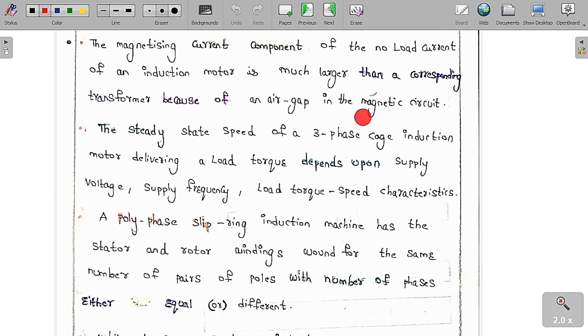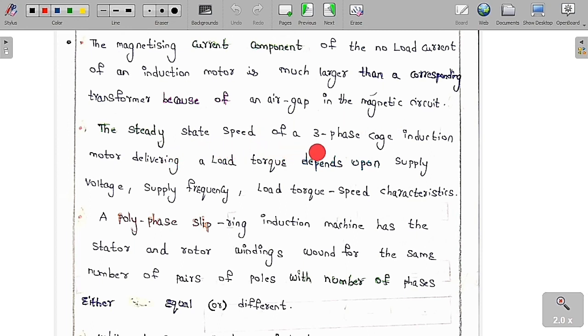It is based on the no load power factor angle. So the no load power factor of the induction motor is very low when compared to the no load power factor of the transformer. So finally I can say that the magnetizing current component of the no load current of an induction motor is much larger than that of a corresponding transformer because an air gap is present in the magnetic circuit.